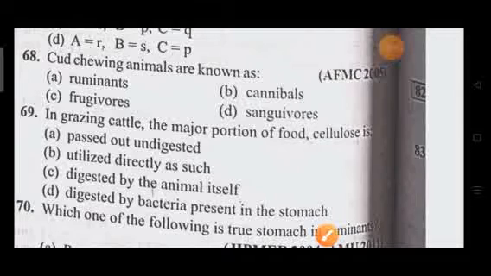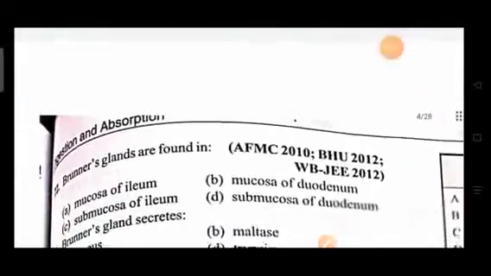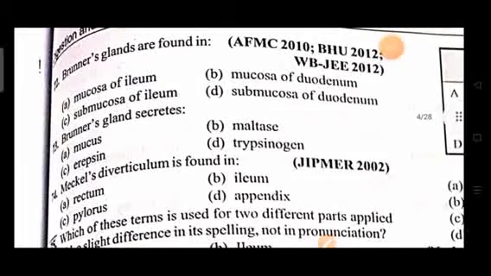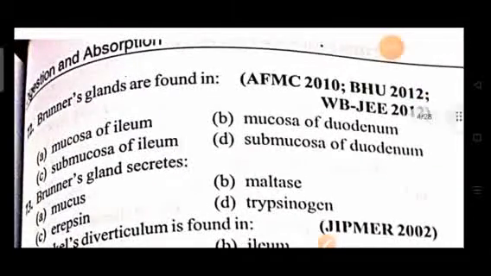Next, going on to the 72nd question. Brunner's glands are found in mucosa of ileum, mucosa of duodenum, submucosa of ileum, submucosa of duodenum. Brunner's glands are present in the submucosal layer, and they make the acidic food into alkaline food.